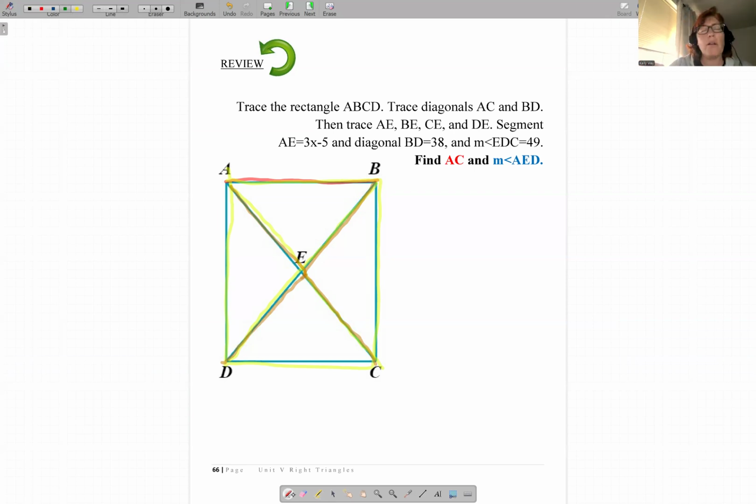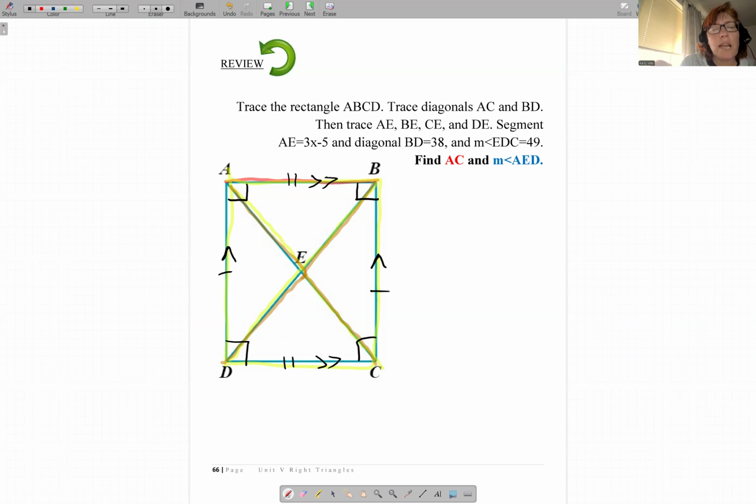If it's a rectangle, by tracing, your brain should have registered the fact that I have right angles here. We also have parallel sides and congruent sides because it's a parallelogram. These are all the things that should be registering in your brain as you are tracing. And what else?